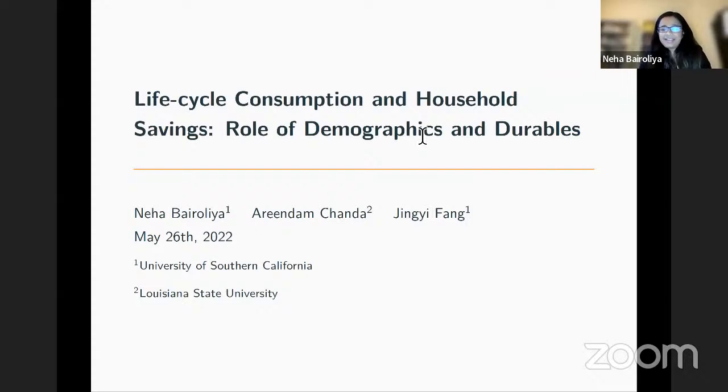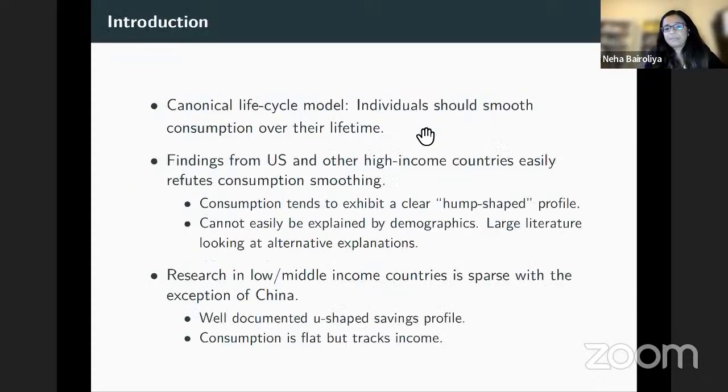This paper, hopefully one of the many to follow, is the first one to look at, or we believe, consumption and savings behavior in India from a macroeconomic lens. So the starting point of the paper is the prediction of canonical life cycle models that individuals should smooth consumption over their life cycle.